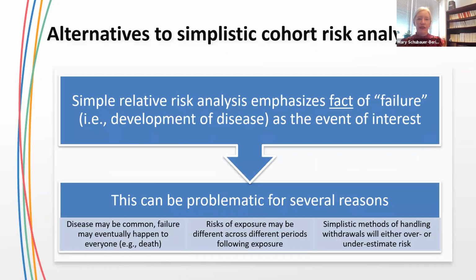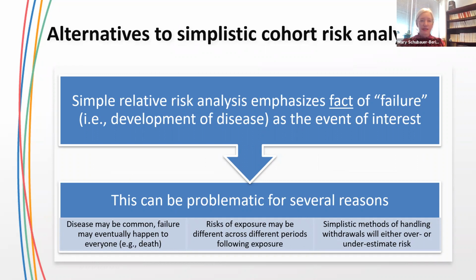So we've seen this simplistic approach to evaluating the rate ratio between exposure groups in a study, and that emphasizes the fact of failure, failure being the way that we describe case occurrence, that is the development of a disease. However, this is problematic for several reasons.